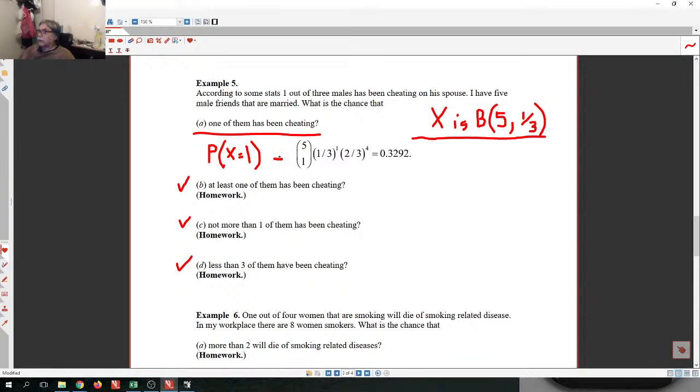Now again you can use the formula, and the formula says you have 5 choose 1, right? N choose K, this is K, this is N. Probability of success, cheating, 1 out of 3. Number of successes is 1. We're interested in 1 success. Probability of failure 2 out of 3. The number of failures, the ones that are not cheating, 4.